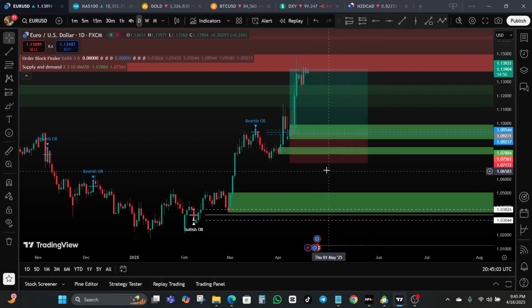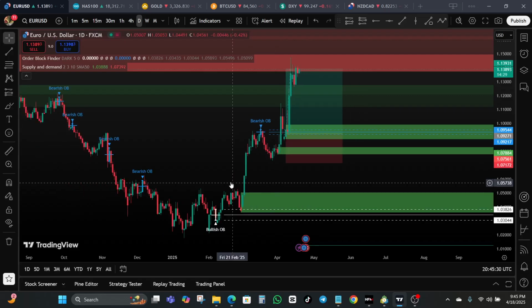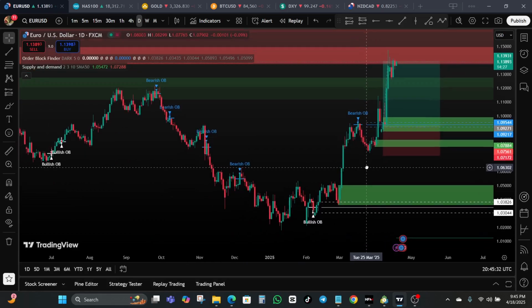You have a confluence that you can take advantage of and ride moves based on institutional trading. All right, so if you have been relying on lagging indicators or just drawing zones manually and hoping for the best, this changes the game.